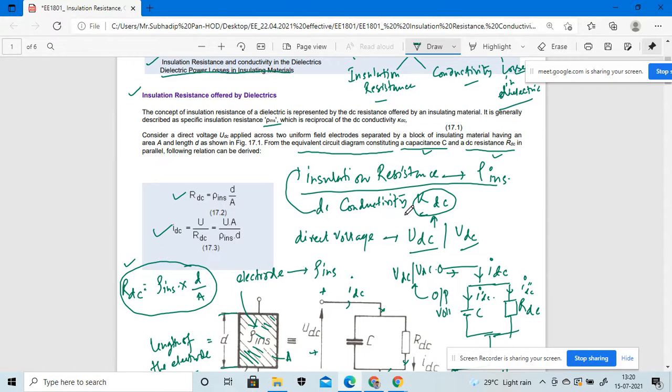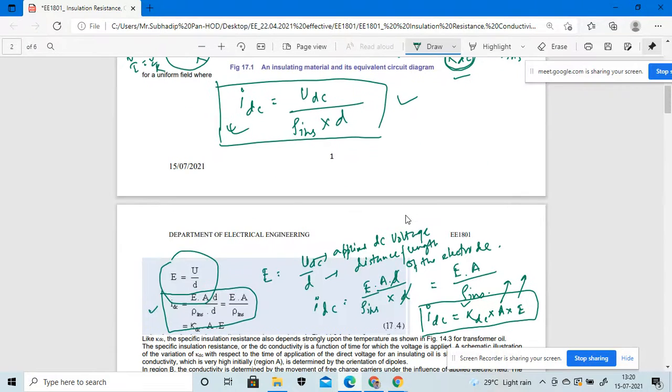So remember this formula: IDC equals K of DC, the conductivity, which is a constant value, into the cross-sectional area of the electrodes into the EMF induced due to this IDC.